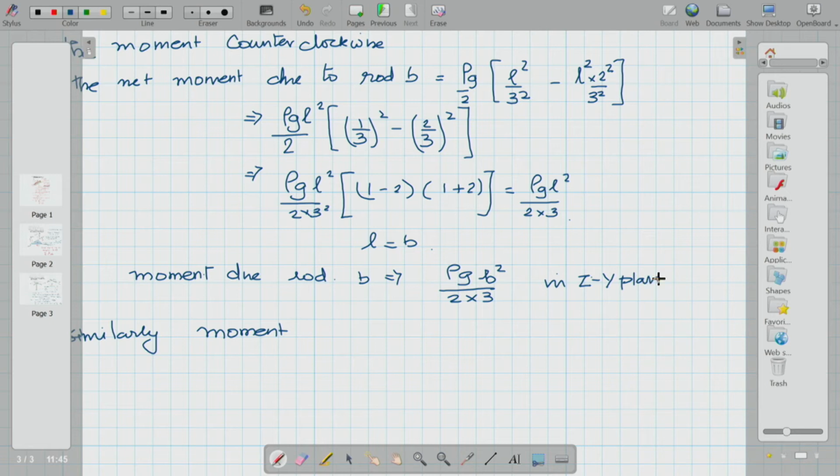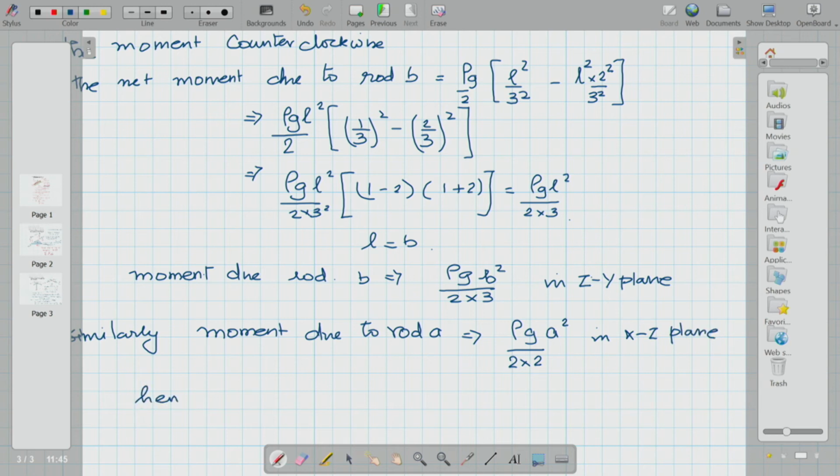Similarly, the moment due to rod A would be equal to rho g into a squared by 2 into 2 in the xz plane.